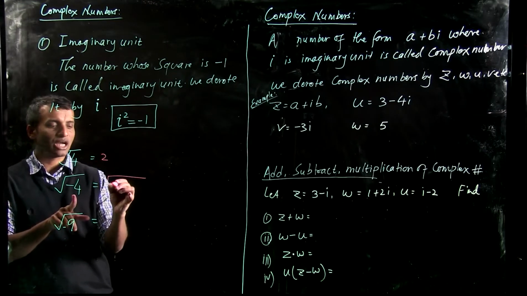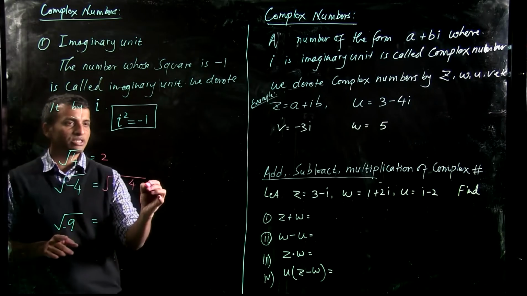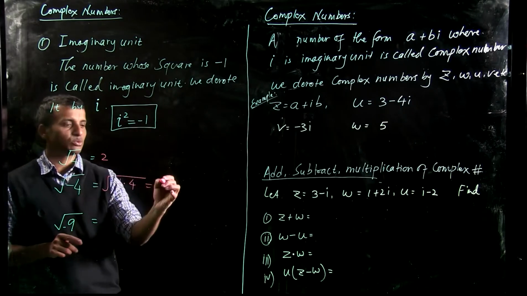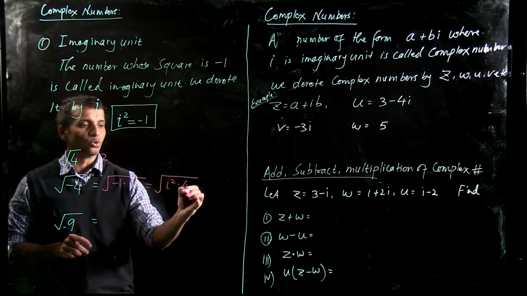The square root of -4 can be written as the square root of -1 times 4, correct? But what is the value of -1? -1 is i squared, so it is i squared times 4.